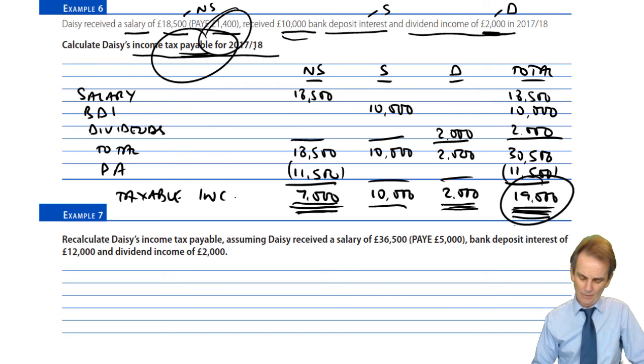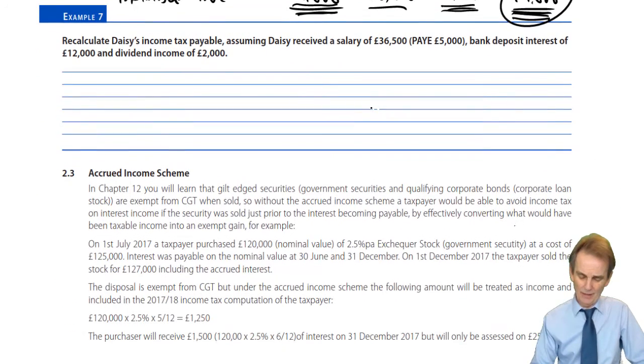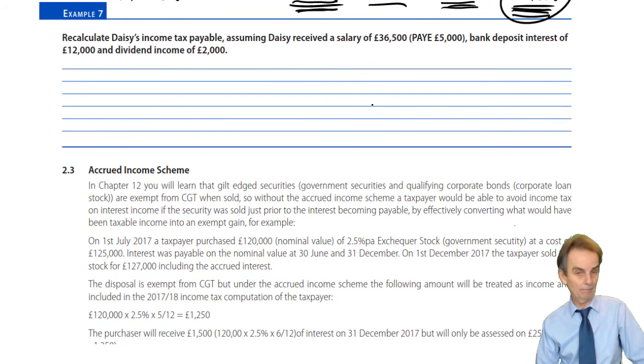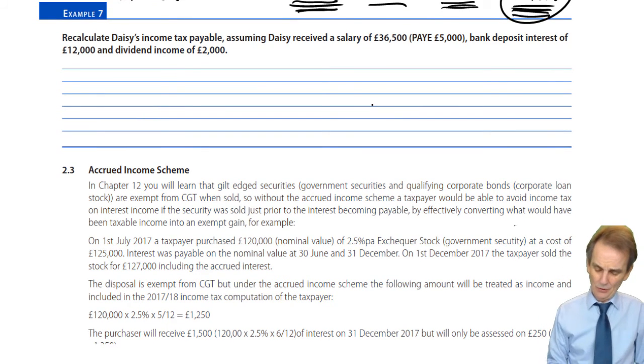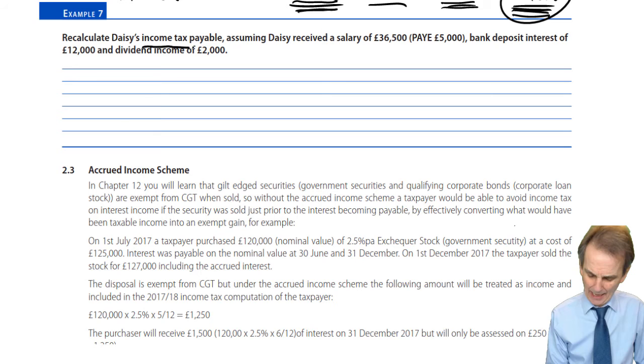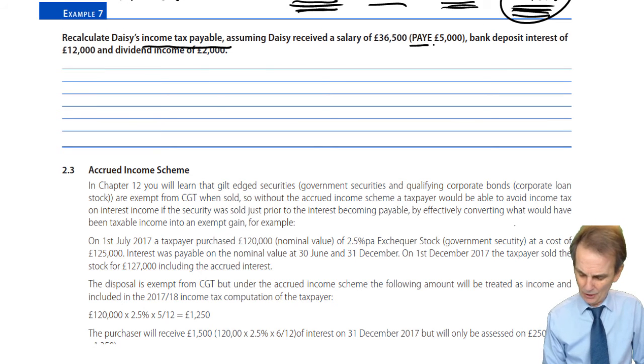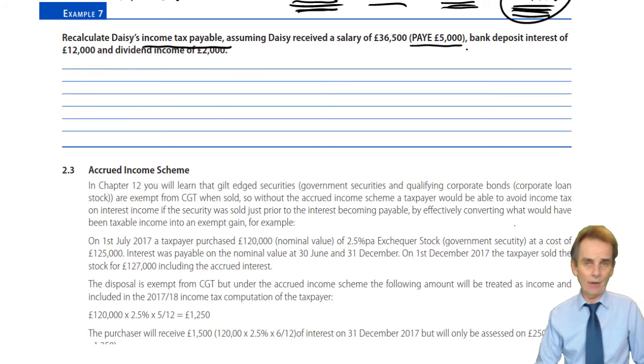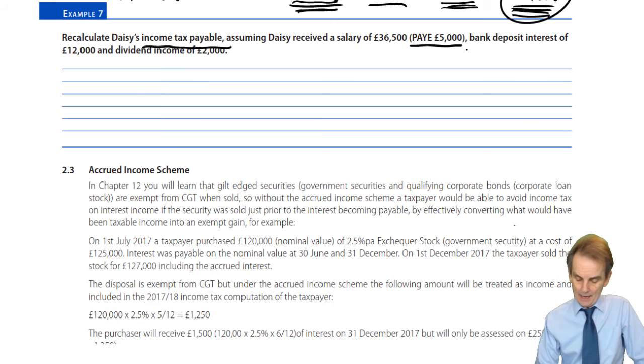Okay, we now move on, finally in this lecture, to look at example 7. Again, we've got the requirement to do income tax payable, so there's going to be a deduction of PAYE, here some £5,000. Daisy received a salary, 36,500, as ever, non-savings. Bank deposit interest of 12,000, savings.